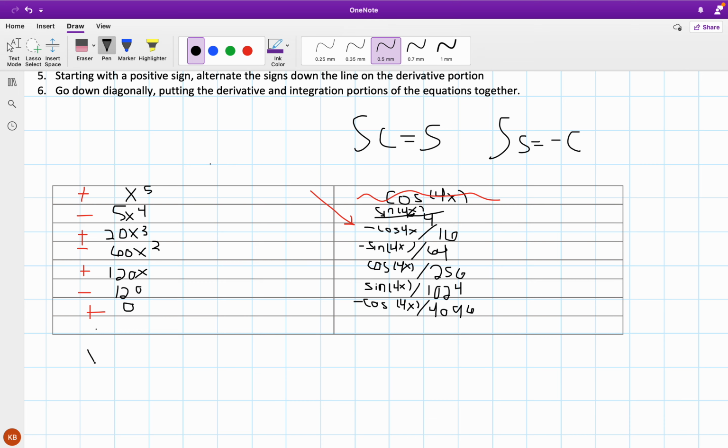The first part is going to be x to the fifth times sine 4x over 4. And then we're going to do it again. We start here, we go diagonal. Putting them together, it's two negatives, and two negatives make a positive. So it's going to be a positive value once again.